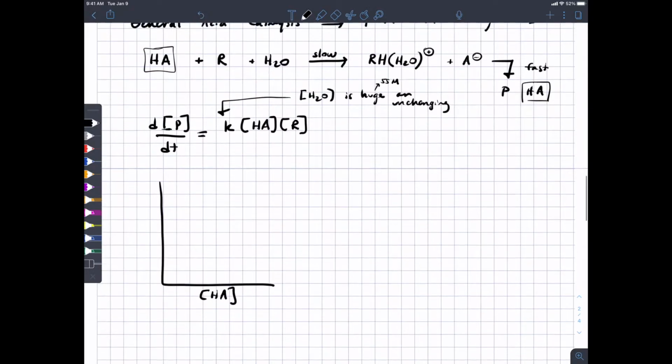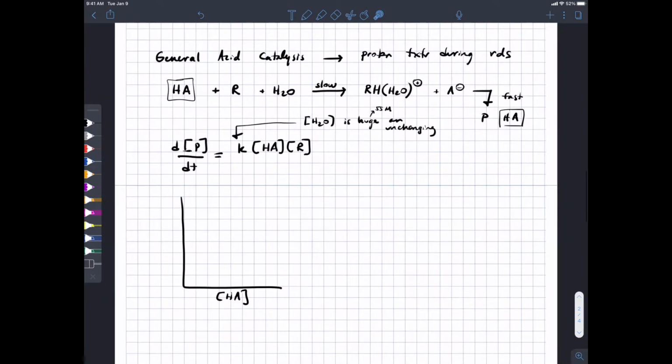If I were to do, again, initial rate type analysis, where I started with different concentrations of R and measured the rate just at the very beginning, and then measured an observed rate constant and plotted that versus R, I would see the rate increase as I increase the concentration of my acid.